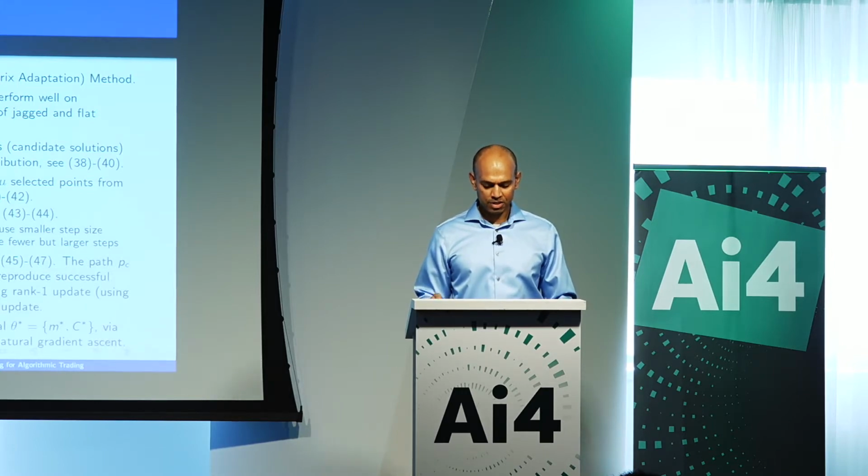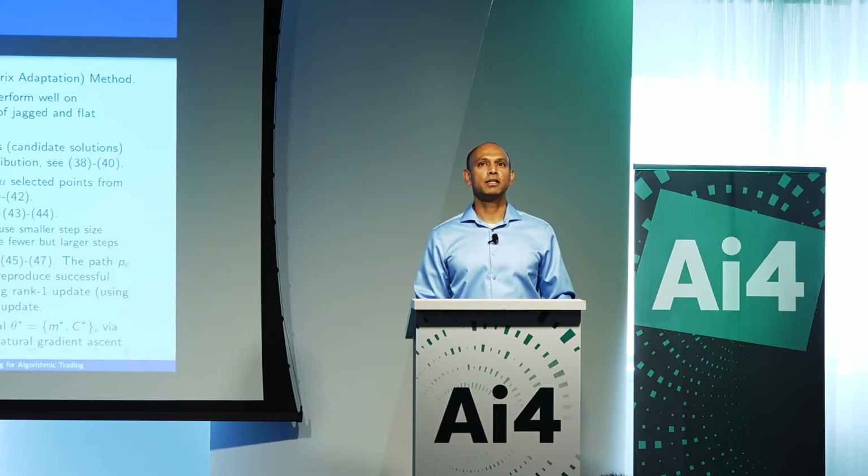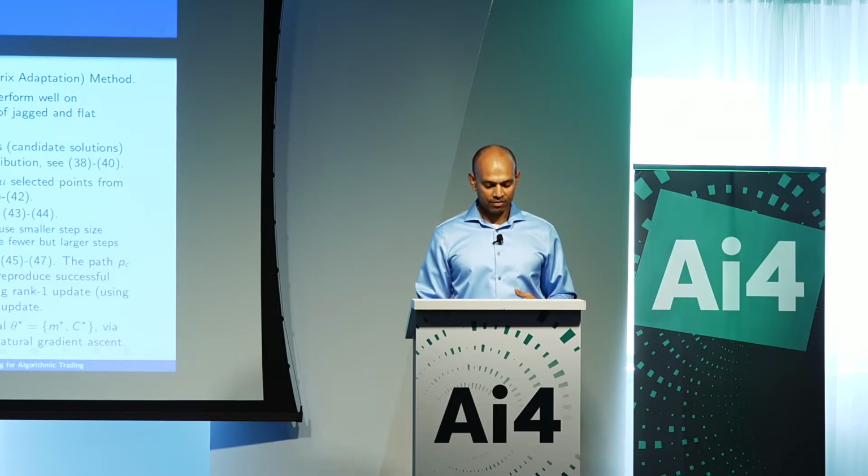And the covariance matrix update has similar concepts, in that we use what's called a rank 1 update and a rank mu update. The rank 1 update essentially keeps track of, or shapes, the covariance matrix around what's called the evolution path, which is essentially the sequence of successful incremental updates or search steps.